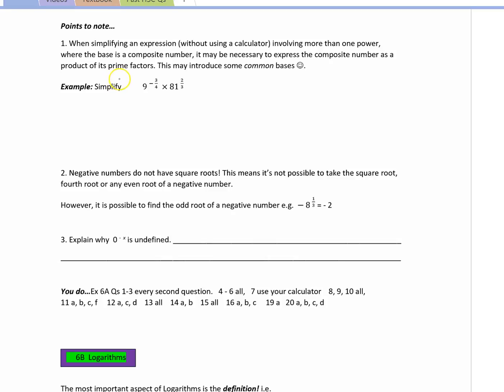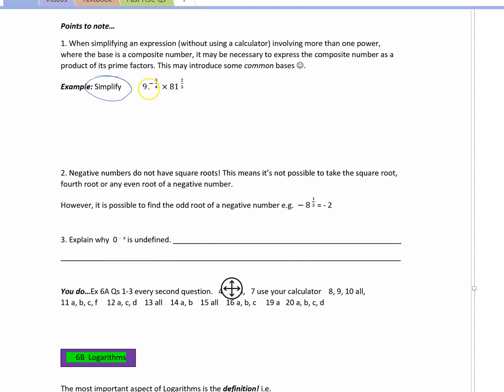Now for just something to be aware of. In a question that says simplify and clearly involves powers, they're very often set up in such a way that although there's a 9 here and an 81 there in this example, the bases could be the same.